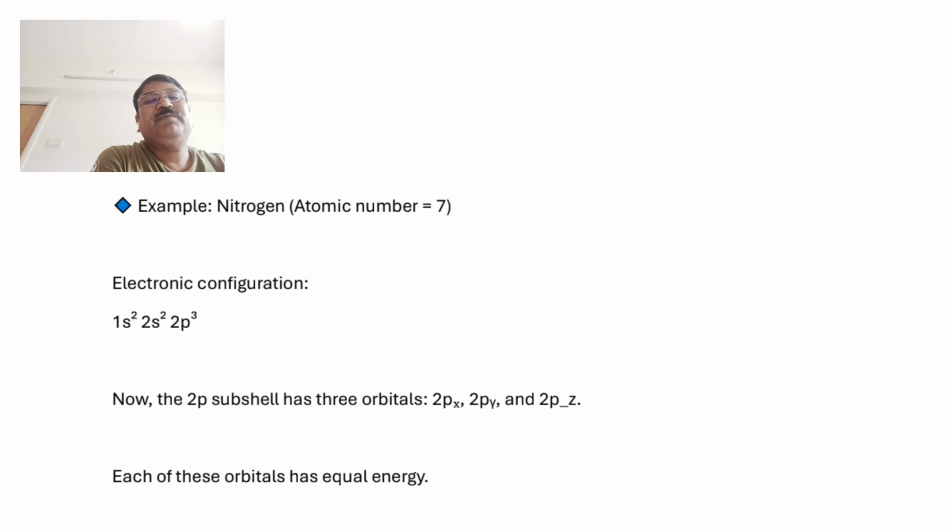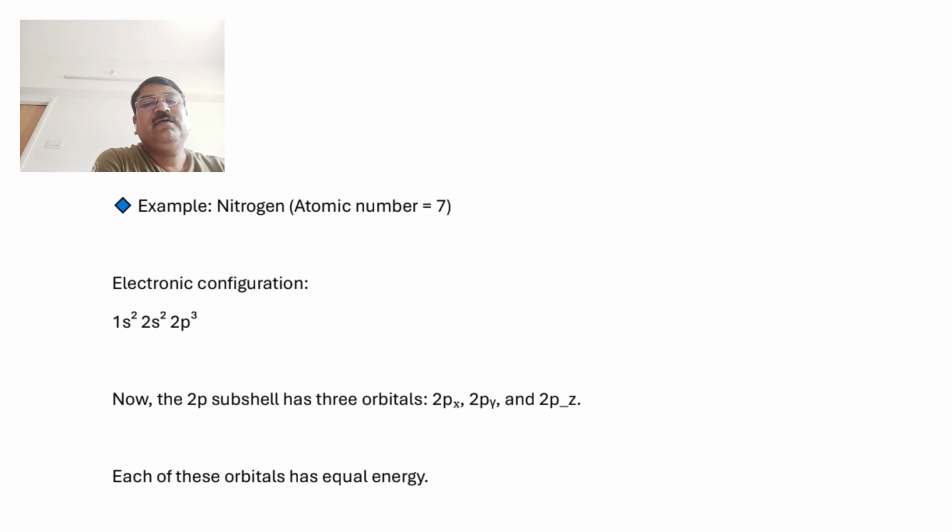During the filling, remember that as it contains 7 electrons, the electronic configuration of the nitrogen atom is as shown in the slide. That is 1s2, 2s2 and 2p3.